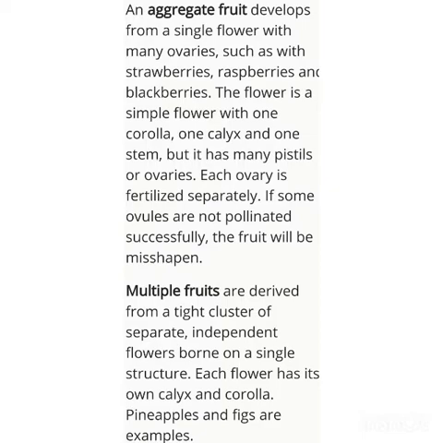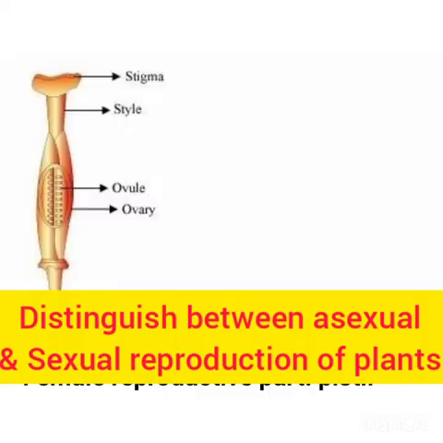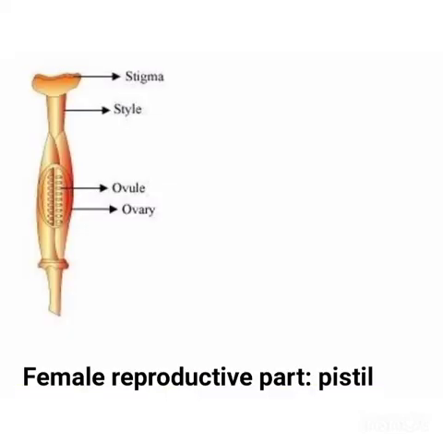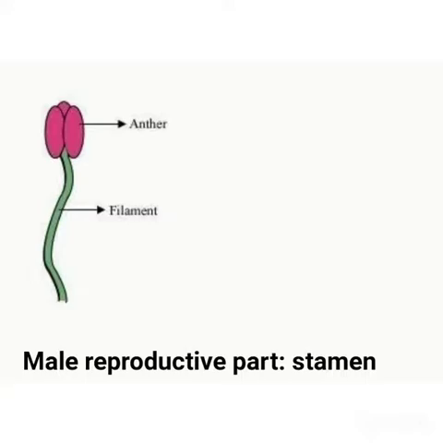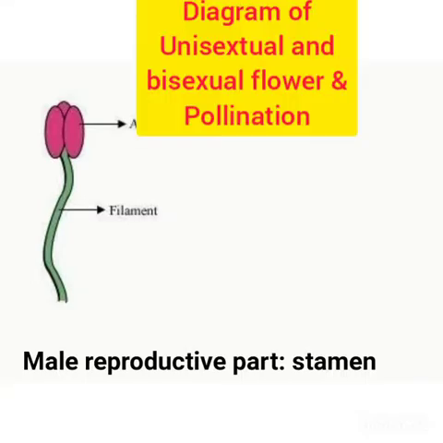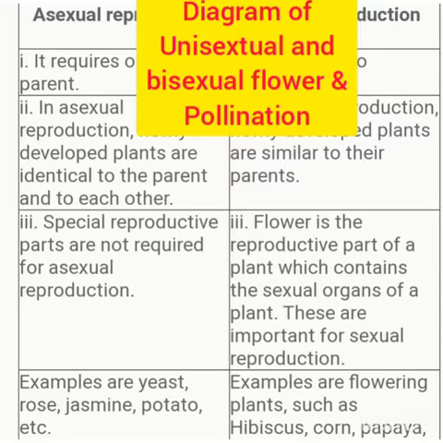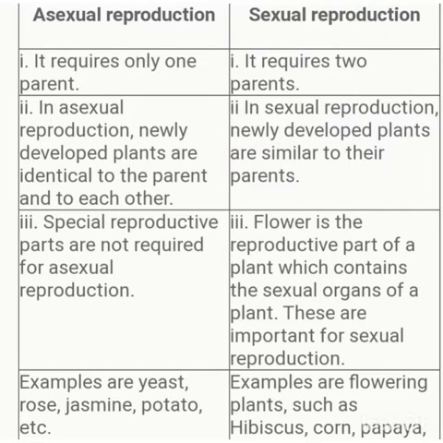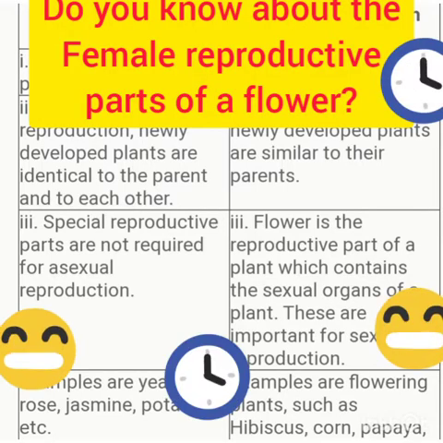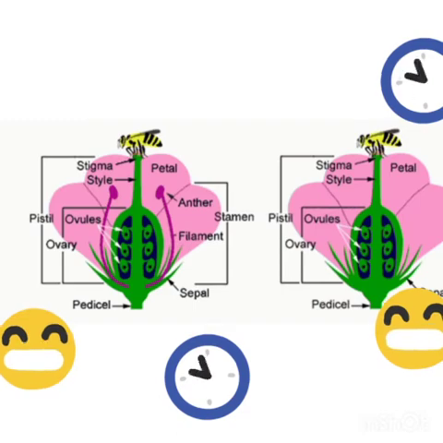Male cells are released into the ovule for fertilization with the female cell, and thus the zygote is formed. After this process of fertilization, the ovary develops into fruits and the ovule into seeds. So this is the most important one. You write down this one properly. Just pause the video and write down that one.